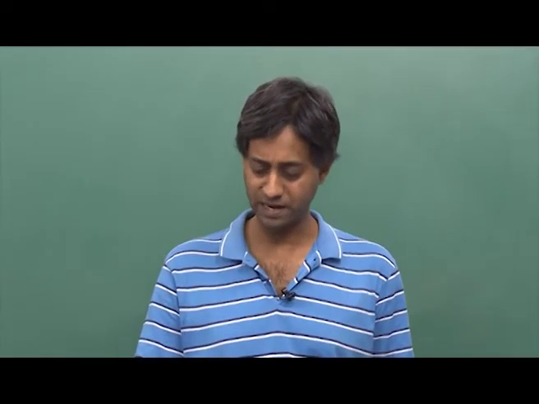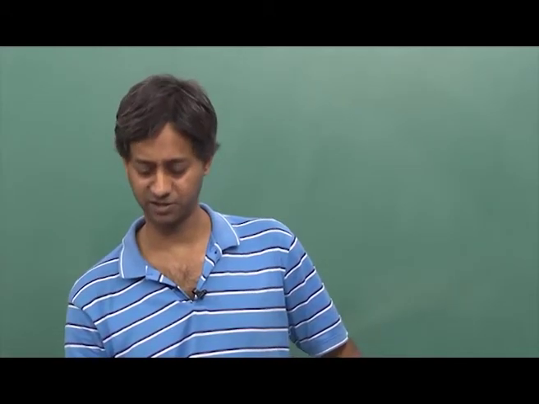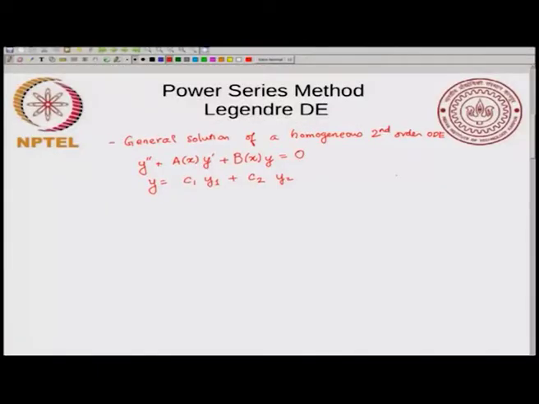And I should mention that though we are talking about homogeneous second order ODEs, this method can also be extended to non-homogeneous ODEs and also to higher order ODEs. But at least as far as this course is concerned, we will look at second order homogeneous ODEs.